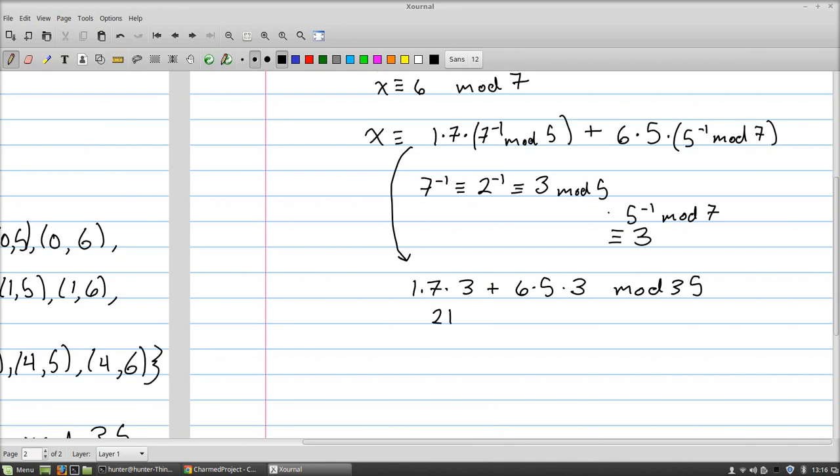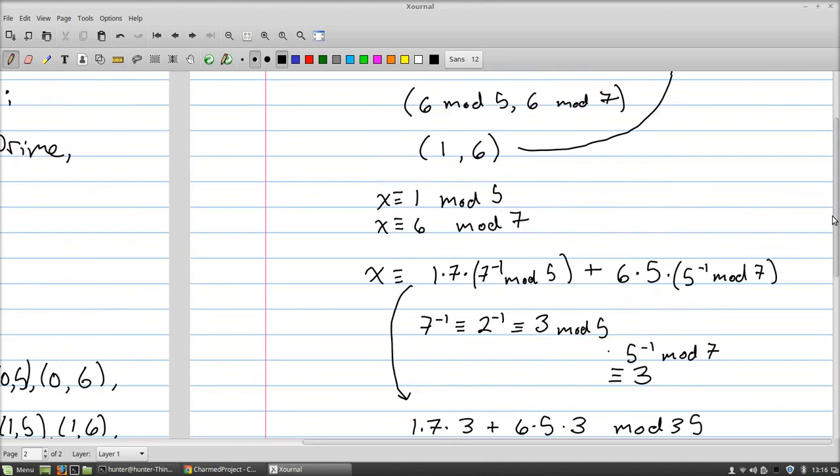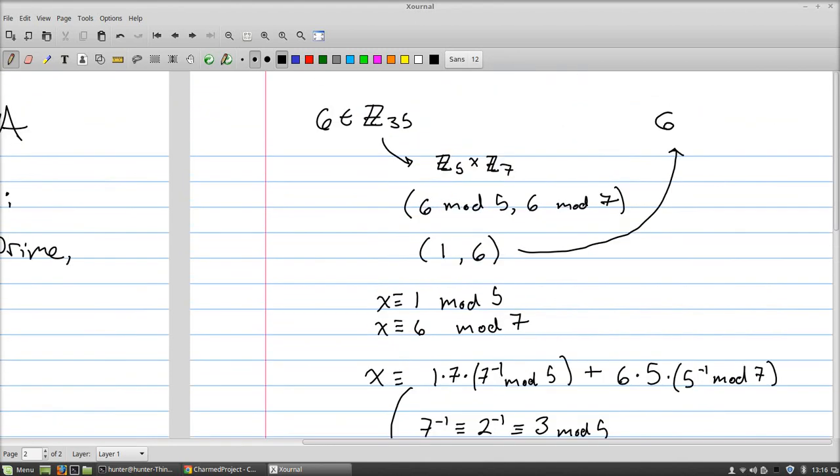This is 21 plus 90, which mod 35 is 21 plus 20, which is 41. That's because 35 goes evenly into 70. So you've got 41, which is the same thing as 6. And so indeed this thing does land again inside 6.